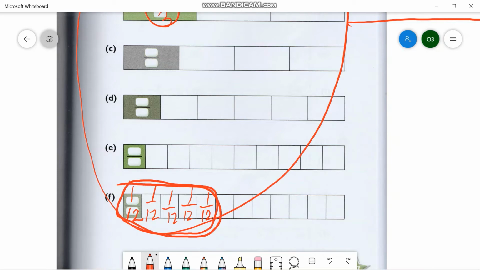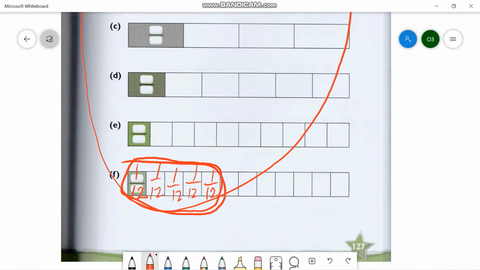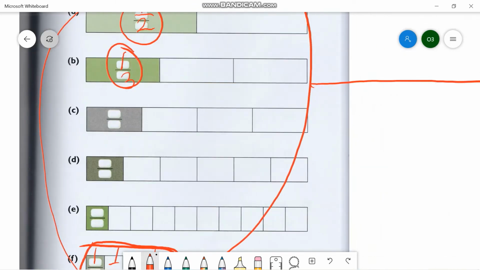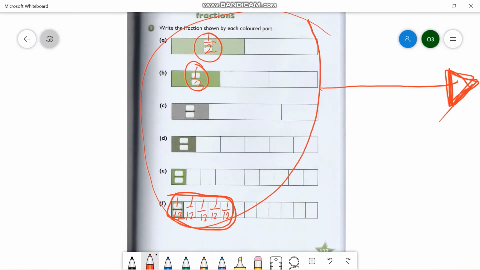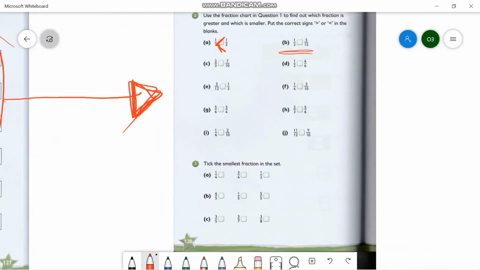Okay, so which one is greater? Is it 1/2 or is it 5/12? Okay, as you can see, if we're going to put a line at the middle, 1/2 is still greater than 5/12. Okay, so here, 1/2 is greater than 5/12.